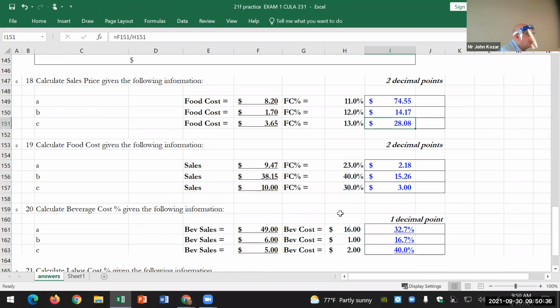So the next step, we want to calculate the food cost, and that's where we're going to take the sales price and multiply it by the food cost percentage. Okay. So $9.47 times 23% is $2.18.